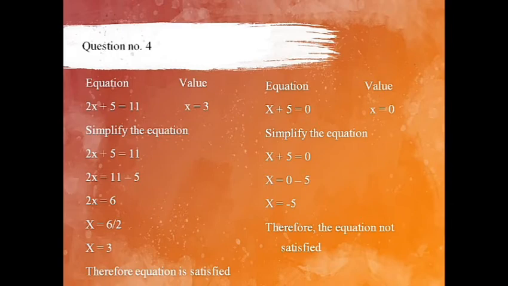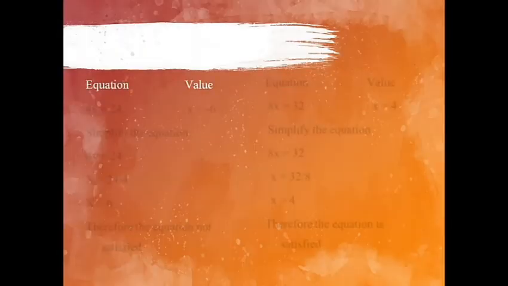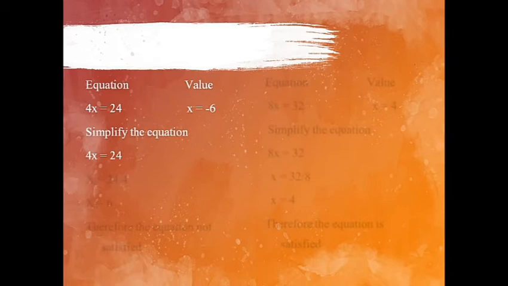Then the next, it is given the equation and the value. The equation is given 4x equals to 24, and the value for it is given x equals to minus 6. So we will simplify this equation and find whether by simplifying we are getting x as minus 6 or not. So the given equation is 4x equals to 24. So 4 and x are in the form of multiplication.